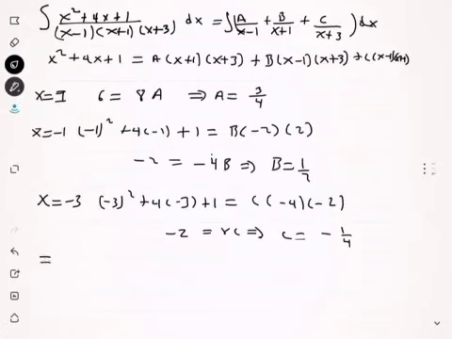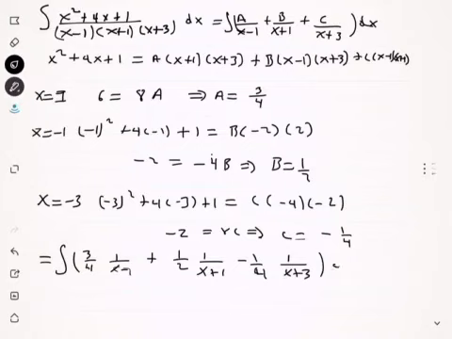So by finding that, we have the integral of a was 3/4, so 3/4 times 1 over x minus 1. B was 1/2, so 1/2 times 1 over x plus 1. And c was minus 1/4, so minus 1/4 times 1 over x plus 3.